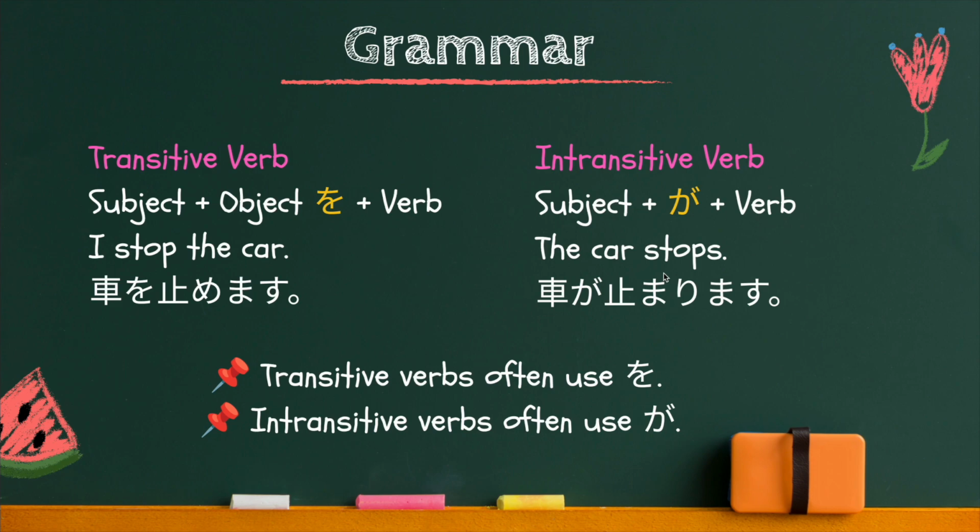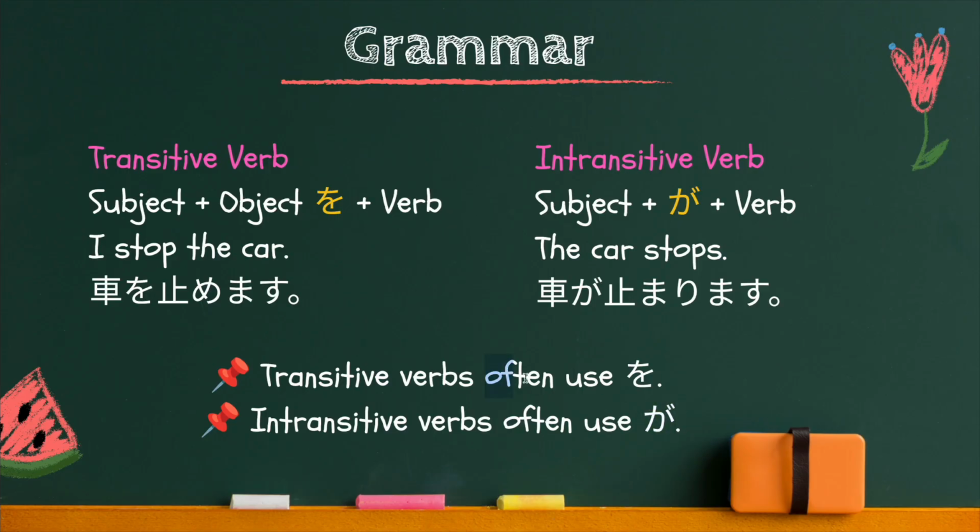It simply focuses on the subject, the thing that changes. That's it. And also because 止まります is an intransitive verb, it takes ga particle. So, transitive verbs often use O. Intransitive verbs often use ga.